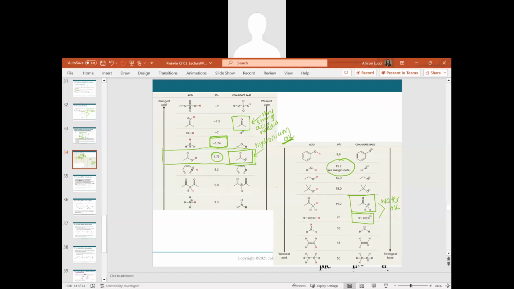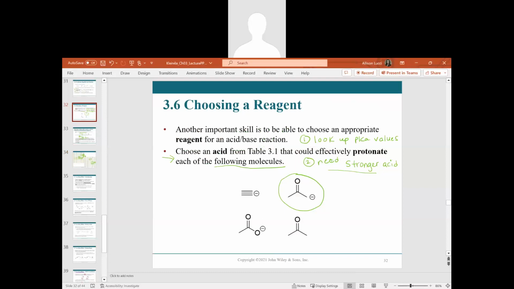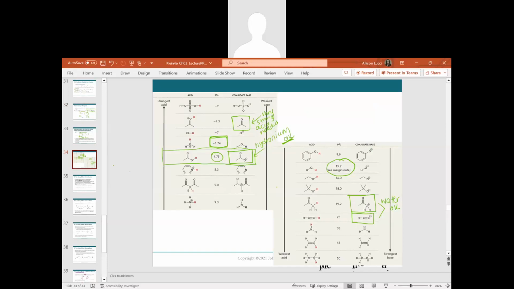Let's take a look at the other species. I'm going to jump back to the slide here. We've done acetate. Let's take a look at number 1, number 2, and number 3 here. Let's go back to our table, and we can see number 1 down here. Let's see, what was number 2?